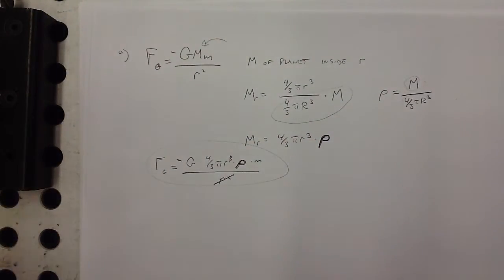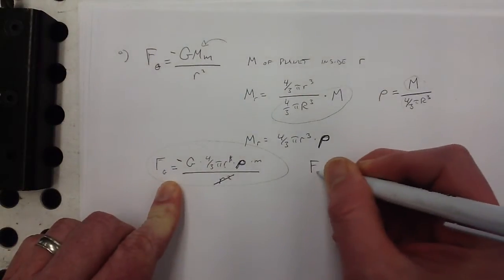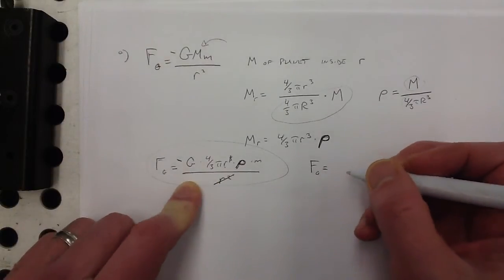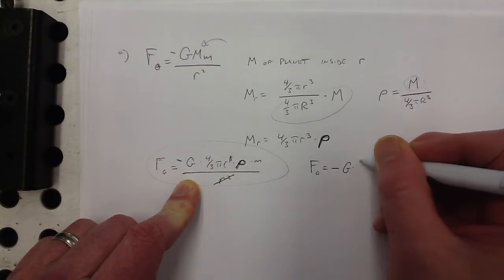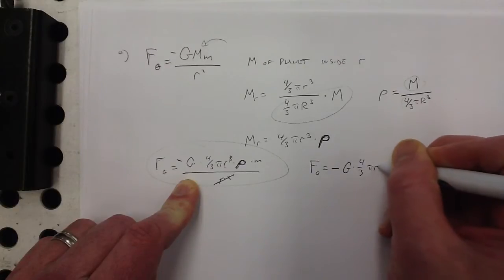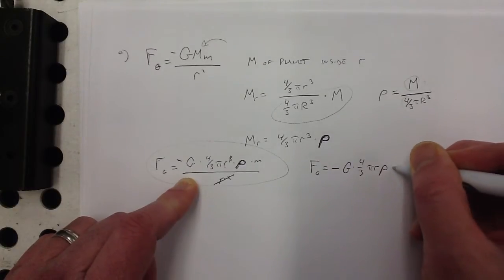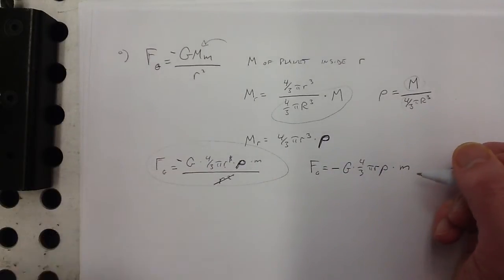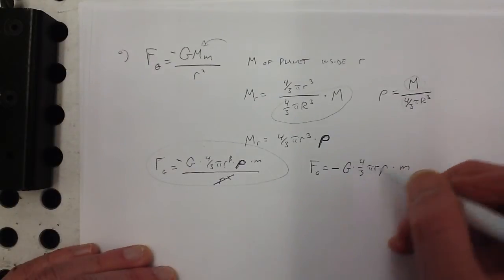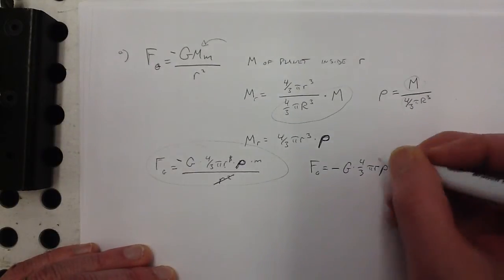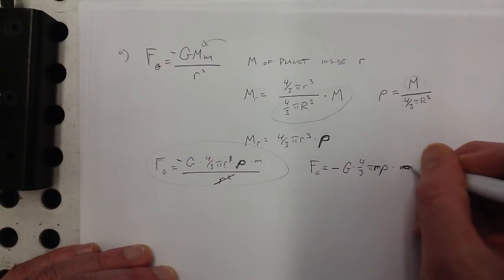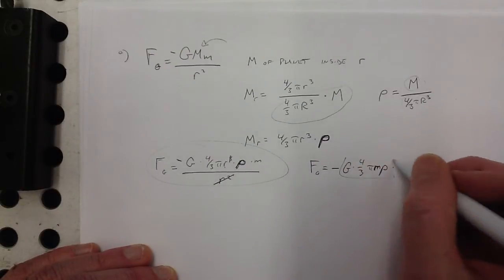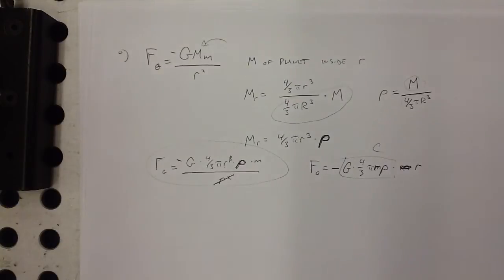Because that gravitational force is always going toward the center, and that's always the opposite sign. So maybe we should just write that out one more time, clearly without our scribbles on there. So that's minus G times 4/3 π r ρ times m. I should have done it in this order. Hold on, let me just fix that. Let's make that the M, make that the R, because then this is the C, right? Okay, so part A, mission accomplished.